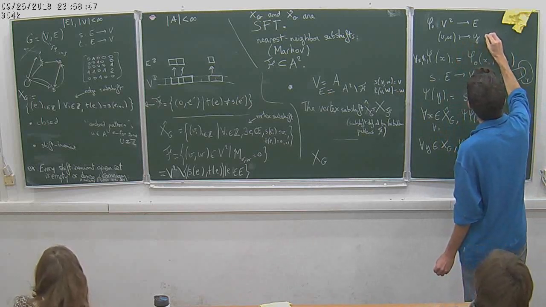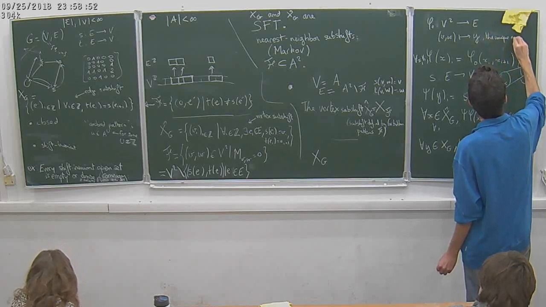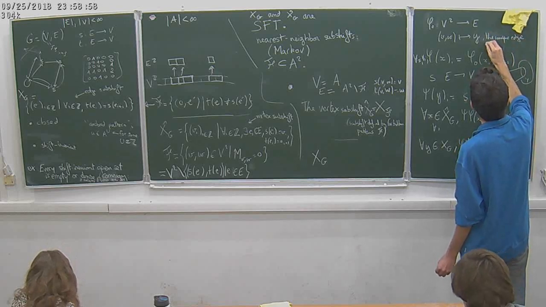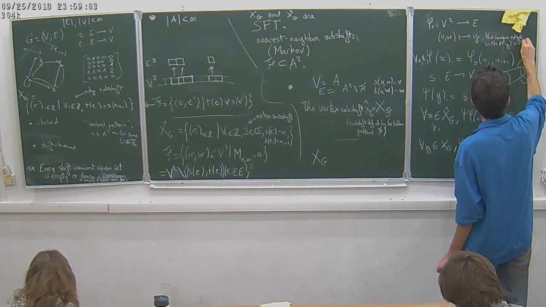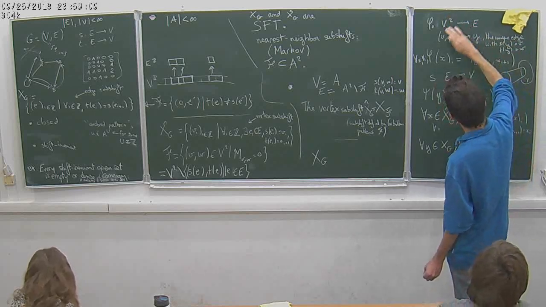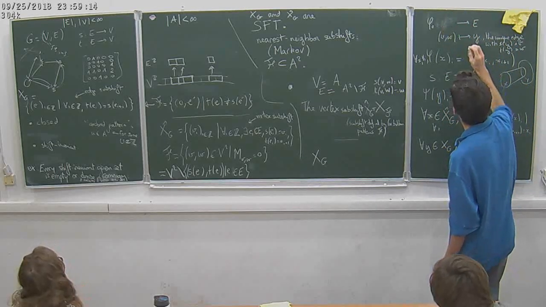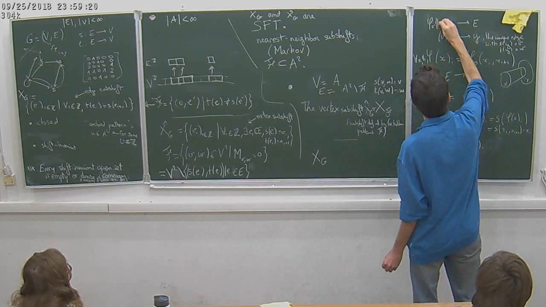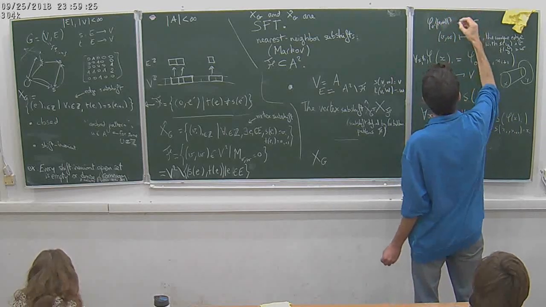y, the unique edge with f of y equals v, p of y equals w. By the way, you didn't correct me, but you understood that here it's not v2, but the set of VW such that there exists an edge.